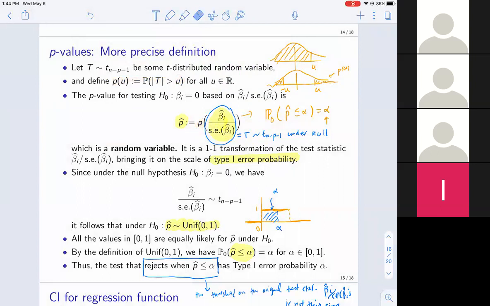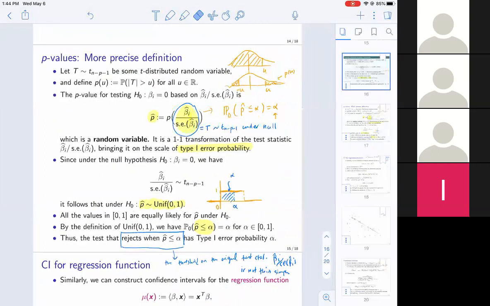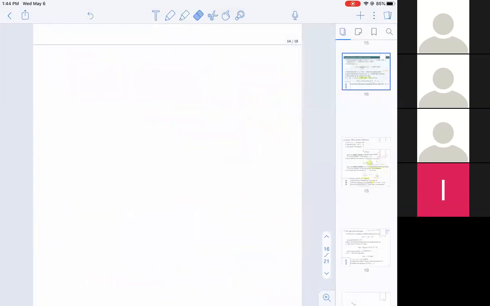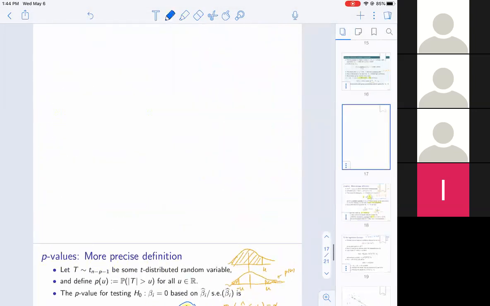So let me give you a simpler example. This is similar to what is called probability transformation.